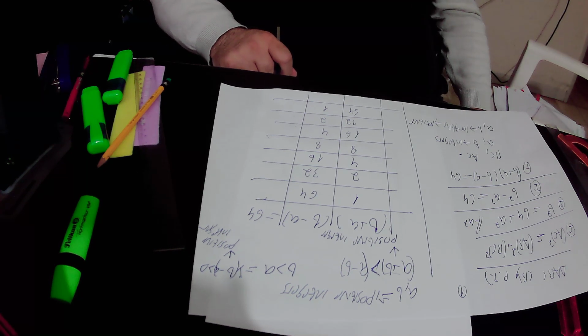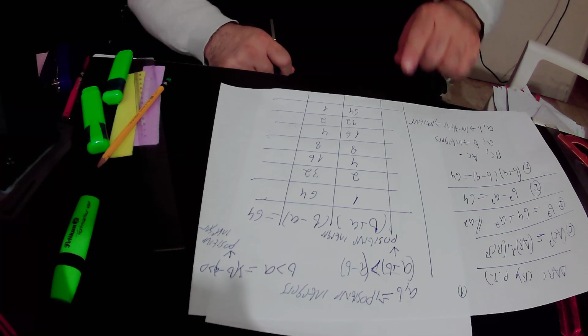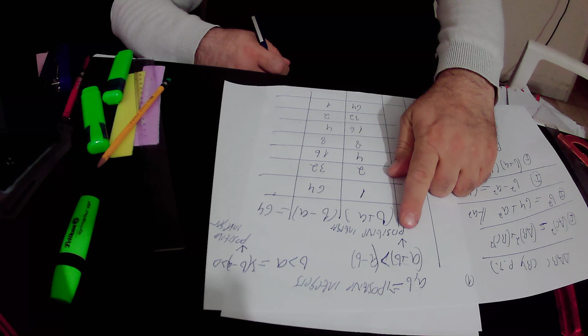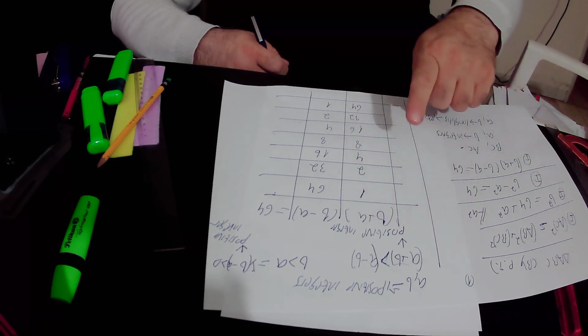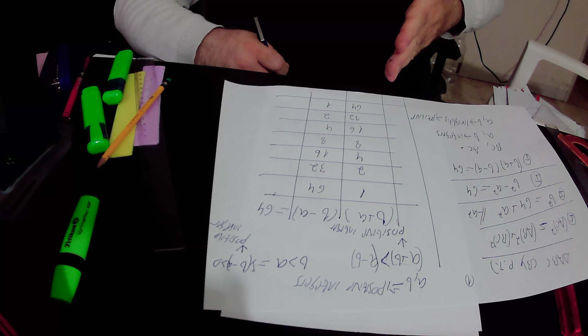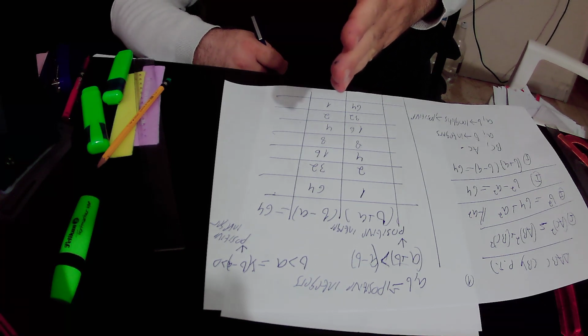So, according to what we have already found out, b plus a is greater than b minus a. So the first column must be greater than the second column.